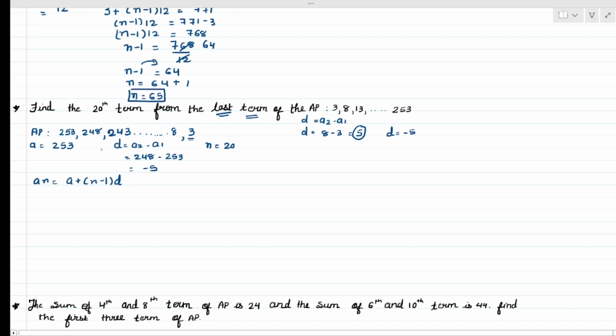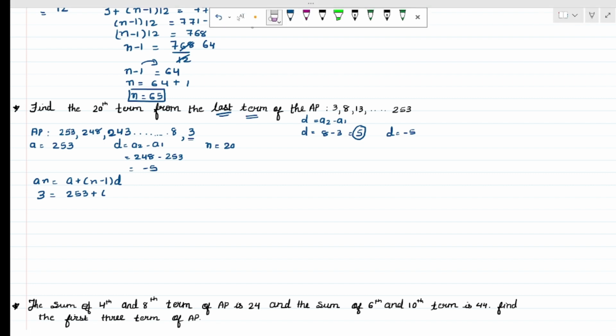Now your last term is 3. So write 3 equals, what is my A? My A is 253 plus, what is my N? You need to find AN. So instead of N, you will write 20 minus 1 times minus 5.